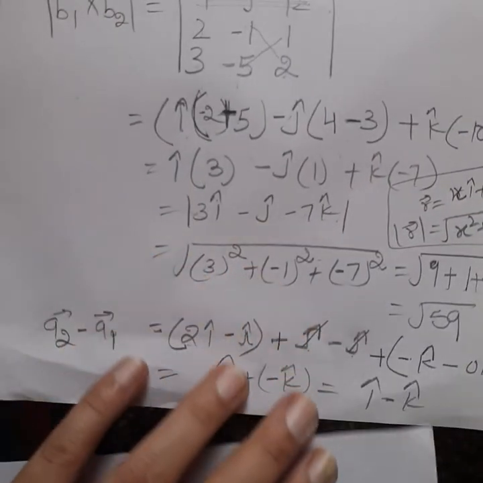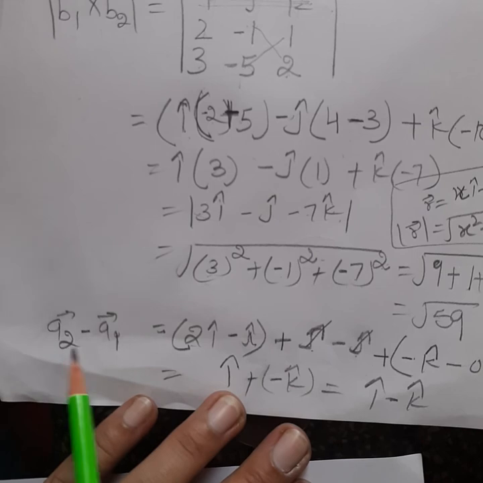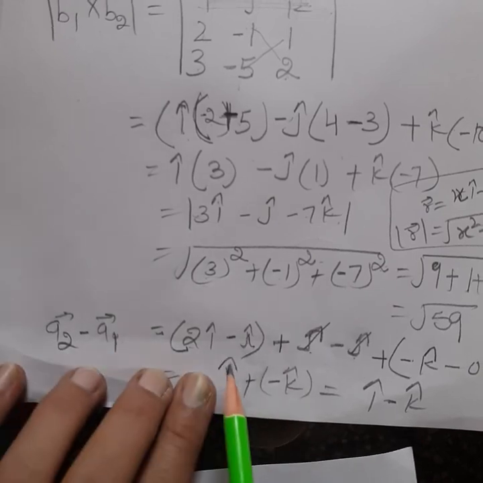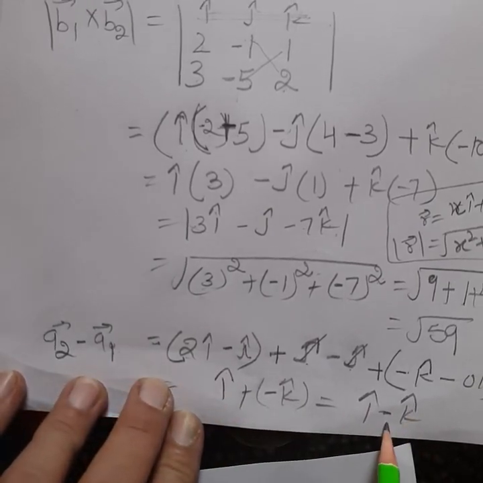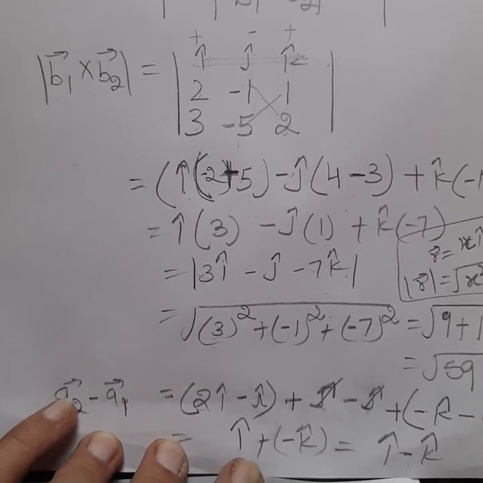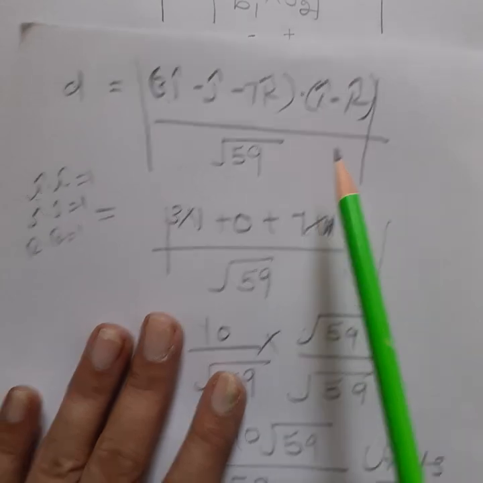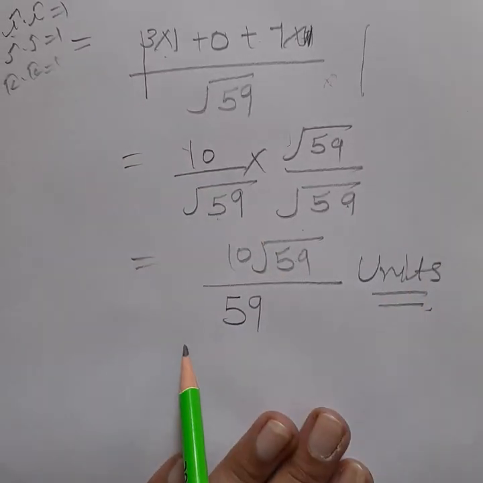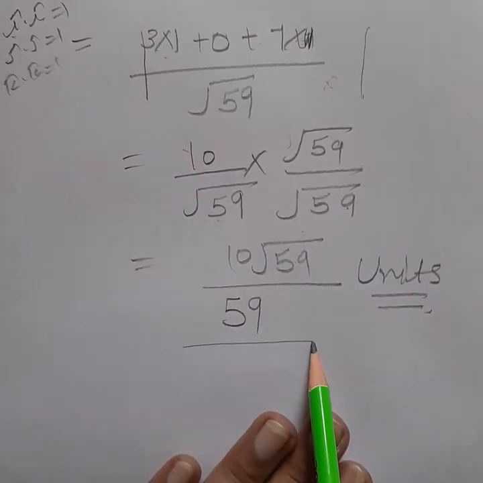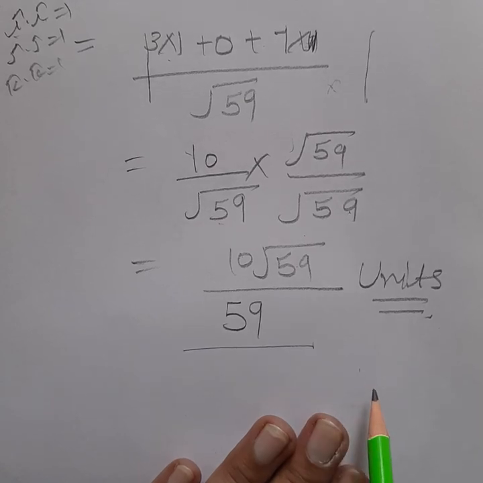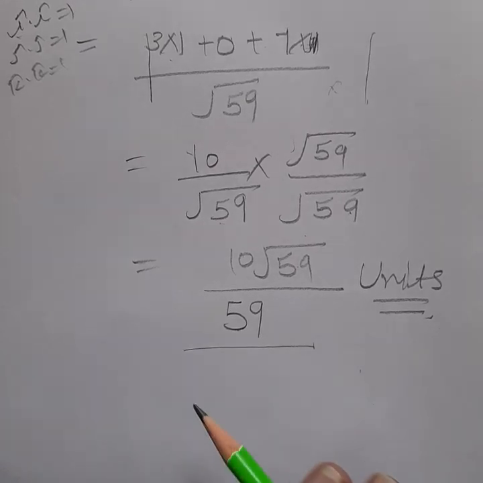And after that we have to find a2 minus a1, and in this way you can find your subtraction of the two vectors, and then you have to put all the values in the shortest distance formula, and you get the answer in this way. So students, this is the method of shortest distance, how we can find the shortest distance between the lines.